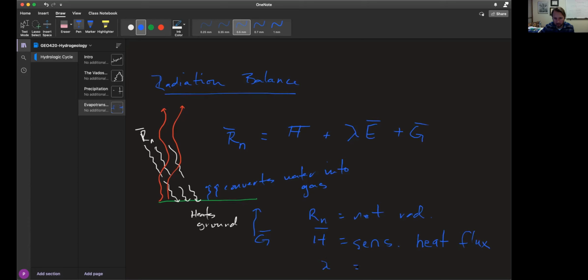Latent heat is the amount of energy it takes to vaporize the water, so we call that the latent heat of vaporization.